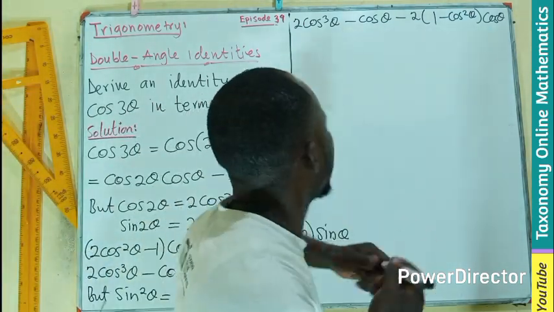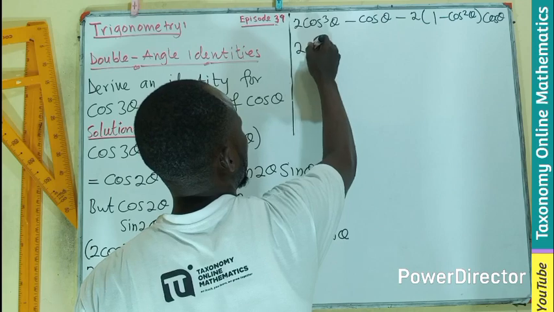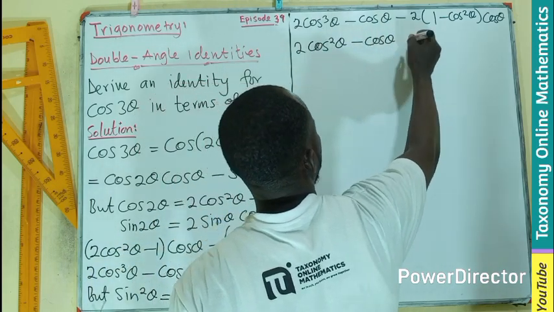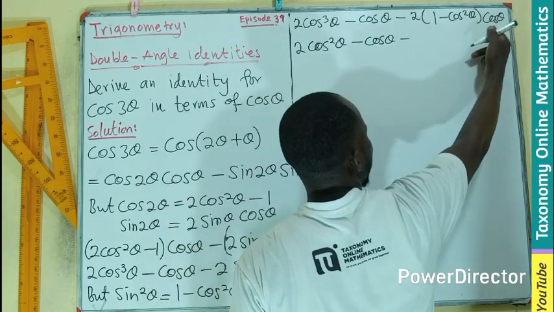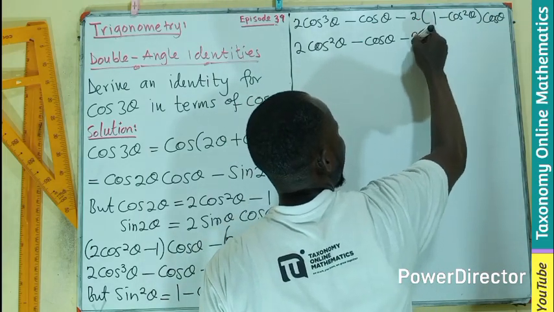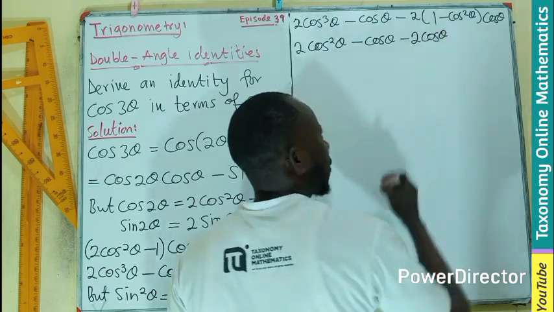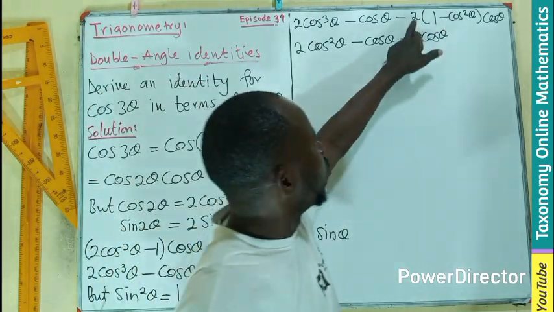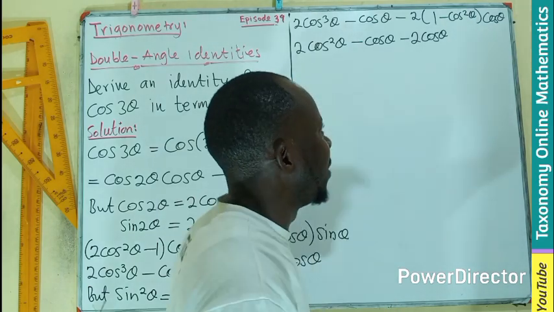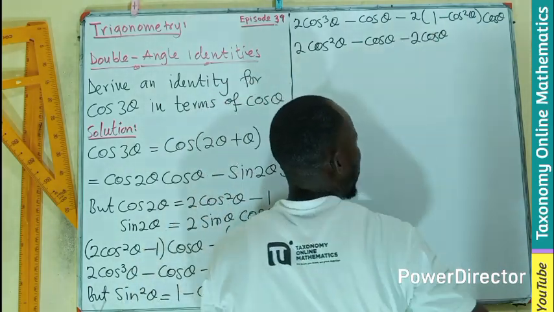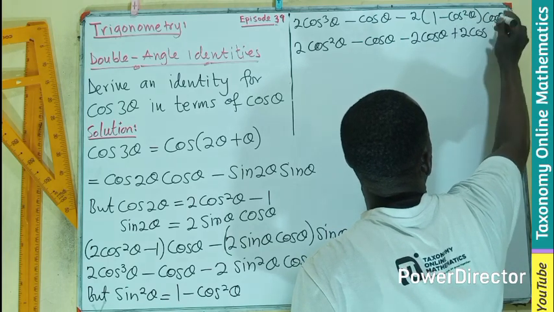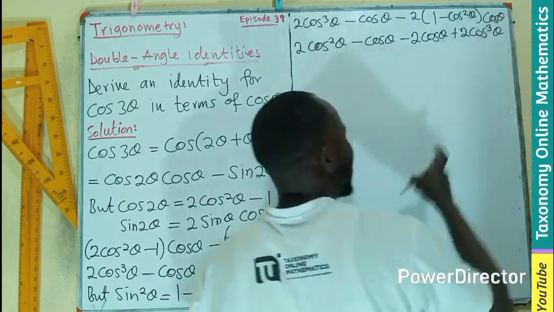Let's expand this further. That will be 2 cos theta times 1, which is 2 cos theta. Then 2 cos theta times minus cos squared theta. This is negative, so positive 2 cos cube theta.